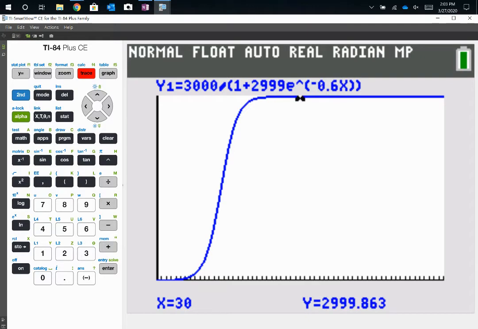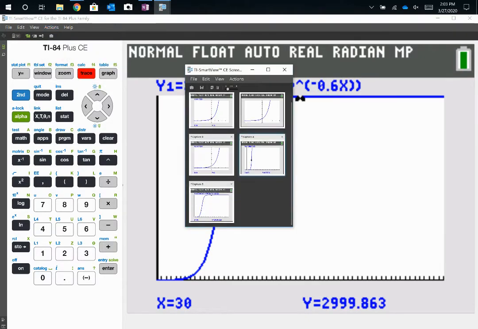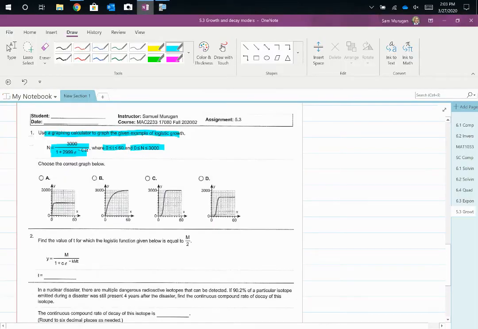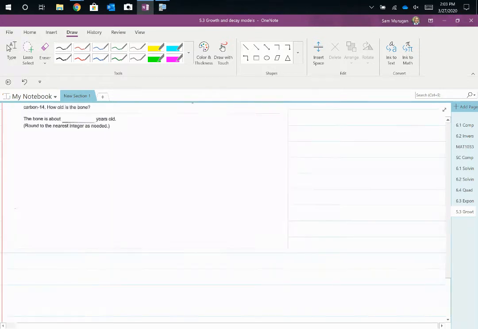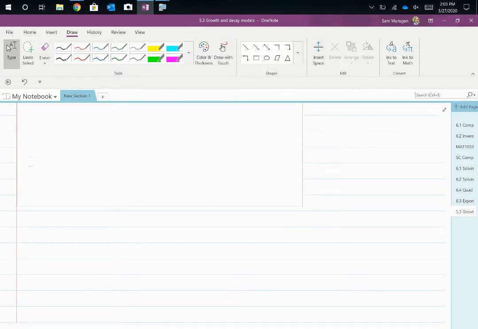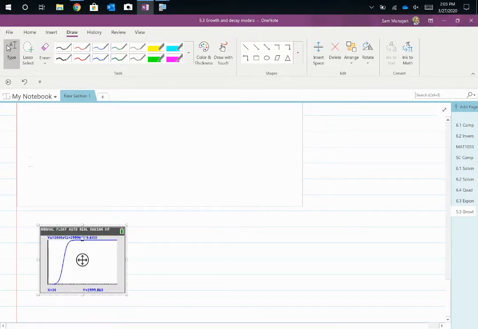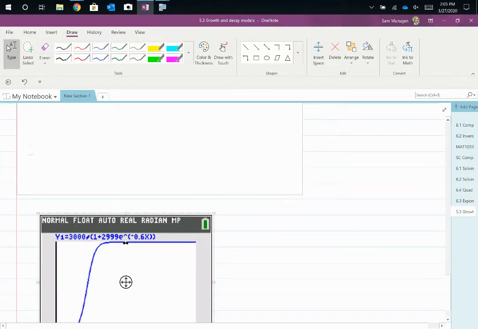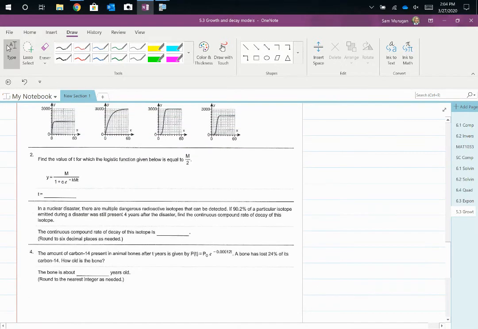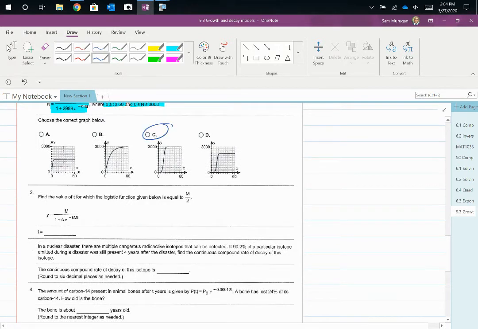We're going to go ahead and copy this and paste it into the notes. I think I should put it in at the bottom here, right? That might be easier for us, because we can blow it up here. So this is question 1. And I think the graph represented by that looks like it goes all the way up to 3000. So graph C would be the correct graph.